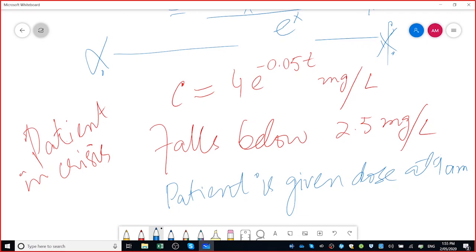So what was the concentration in the patient's blood immediately following the initial dose?